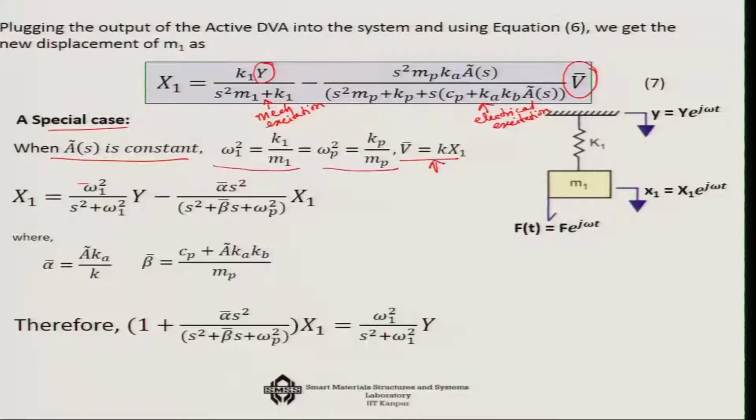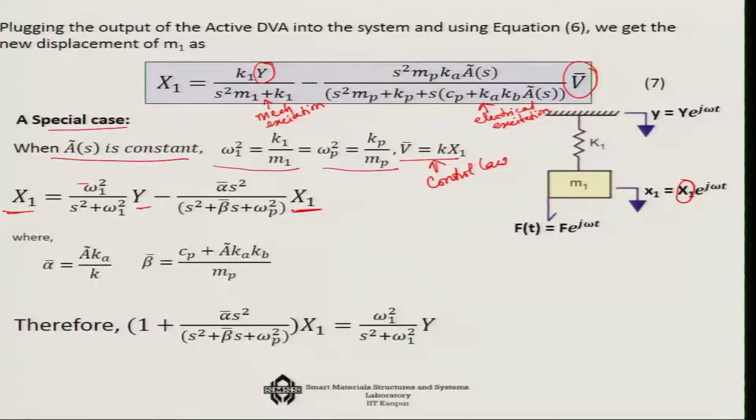So, this is my control law: to apply a voltage which is proportional to the amplitude of the displacement here. If I do that, then V bar is gone now, and you have a relationship between x1, y, and the voltage which is proportional to x1 itself.